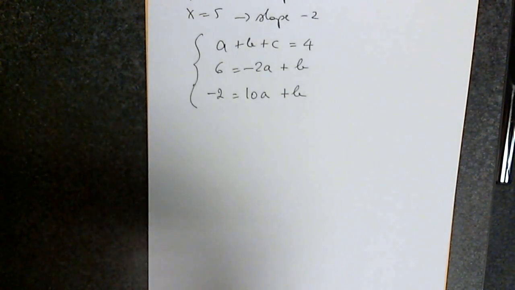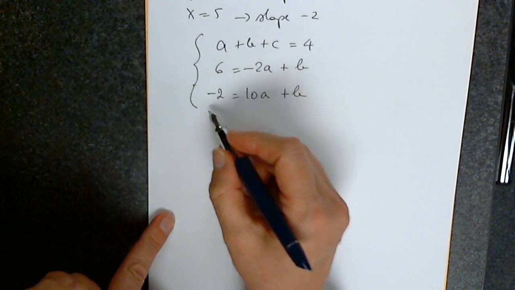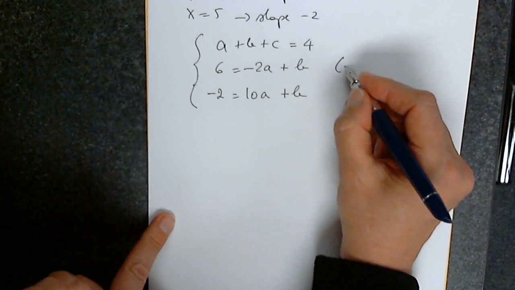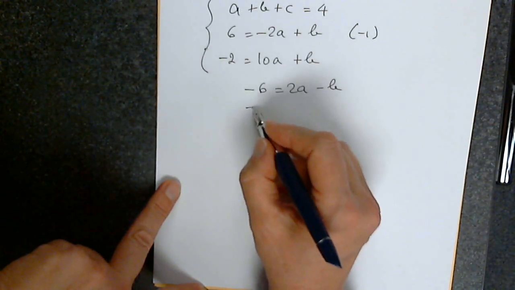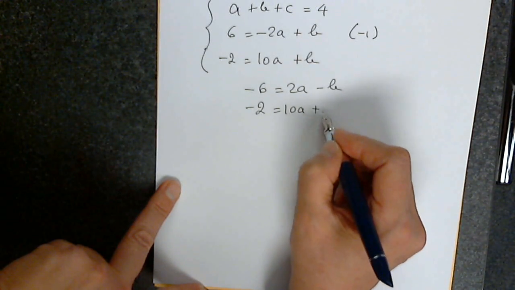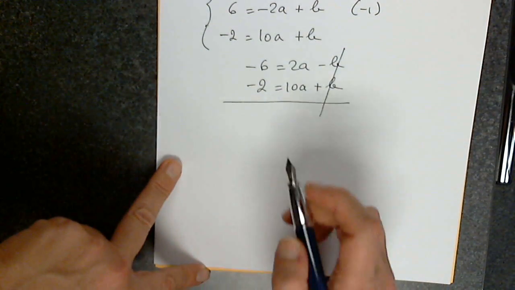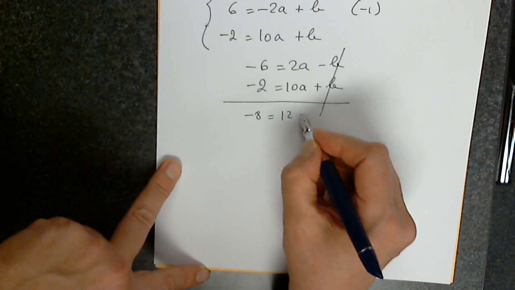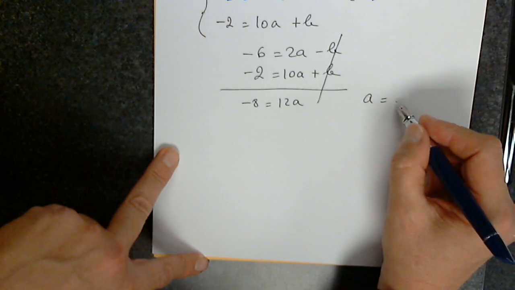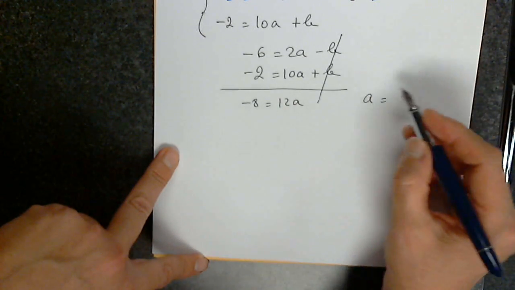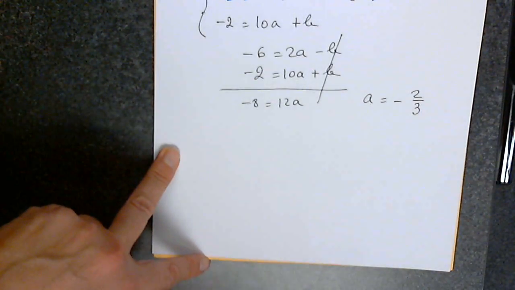So what I would recommend in these 2 equations: multiply either one by -1. So I have -6 equals 2a minus b, and -2 equals 10a plus b, and eliminate b. Then -8 equals 12a. I divide by 12 and I get a: -8 over 12 is -2 over 3, simplified by 4.